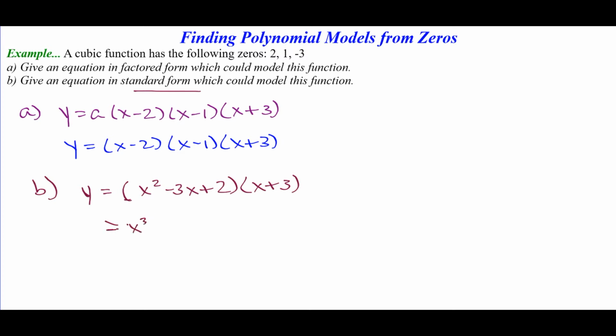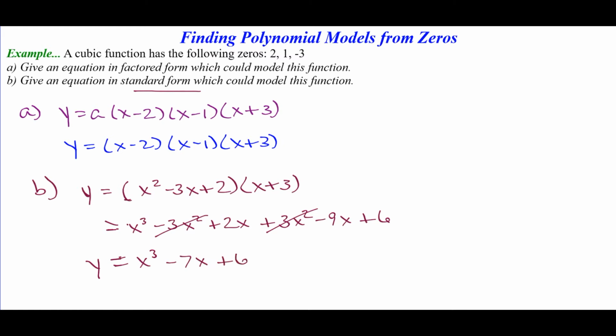We get x cubed minus 3x squared plus 2x, and then plus 3x squared minus 9x, and then plus 6. Combining like terms, we get y equals x cubed. The plus 3x squared and the minus 3x squared cancel out. We're going to have minus 7x, and then plus 6.